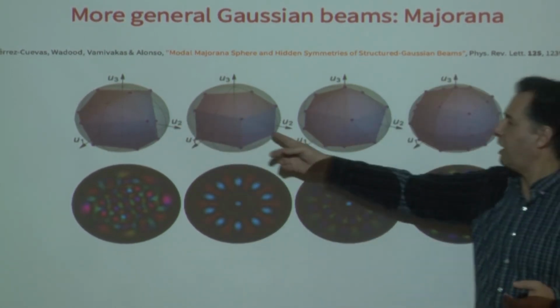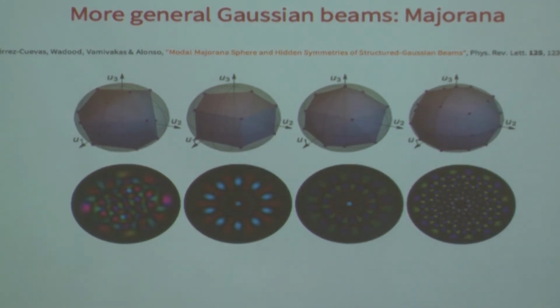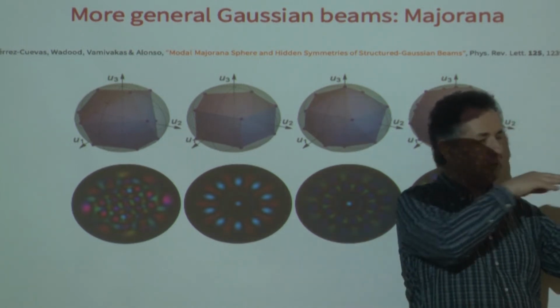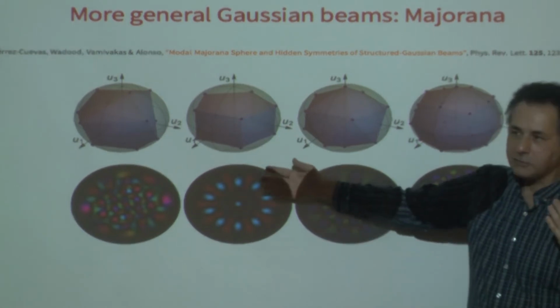Here we show the points as the corners of solids because it's easier to visualize. But the solid is not important. What is important is the points. Turns out also that just like for polarization, a birefringent medium rotates the sphere. The same thing exists for beams.